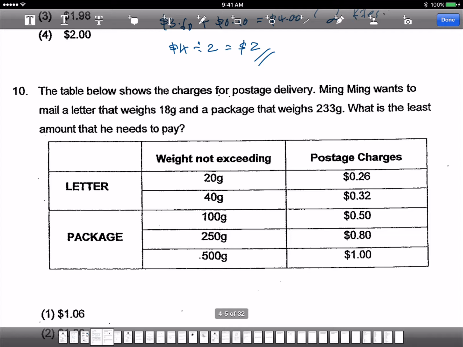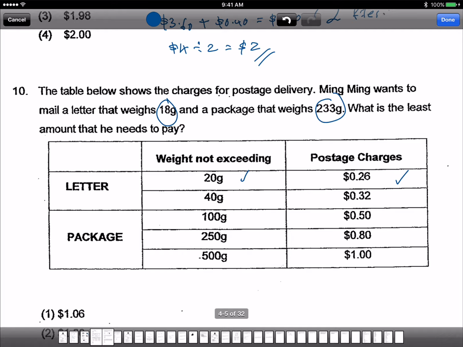The table below shows the charges for posting delivery. Ming Ming wants to mail a letter that weighs 18 grams and a package that weighs 233 grams. What is the least amount that he needs to pay? A letter that weighs 18 grams, weight not exceeding 20 grams, so it's here. So the postage charge is here for the letter.